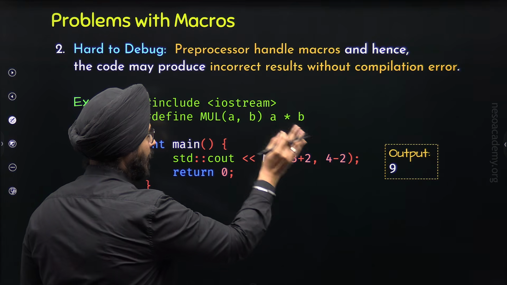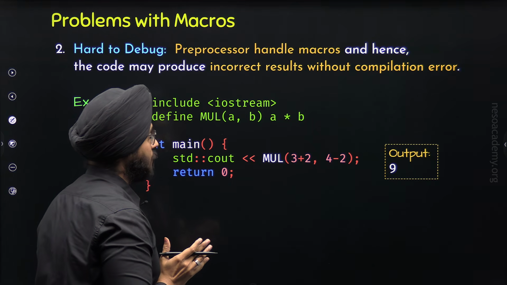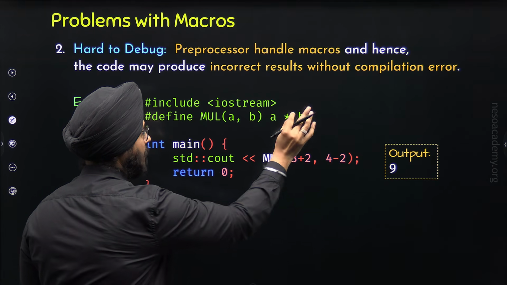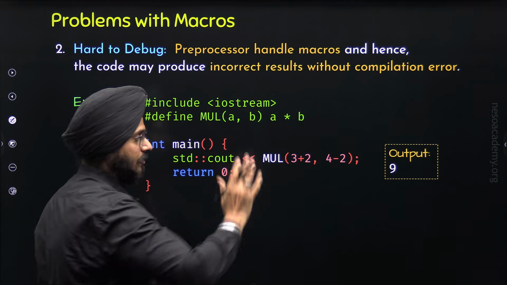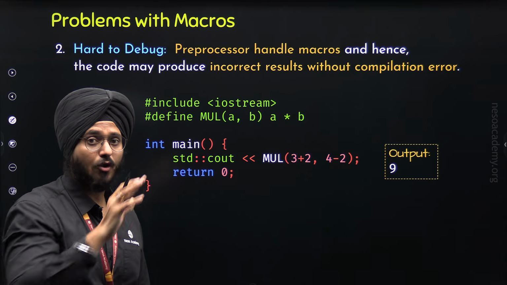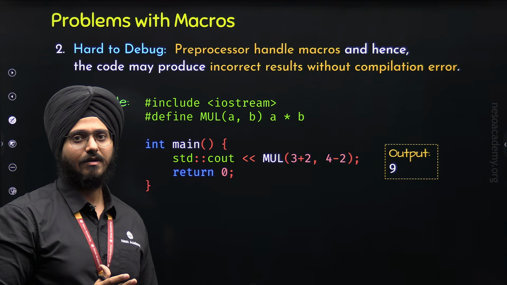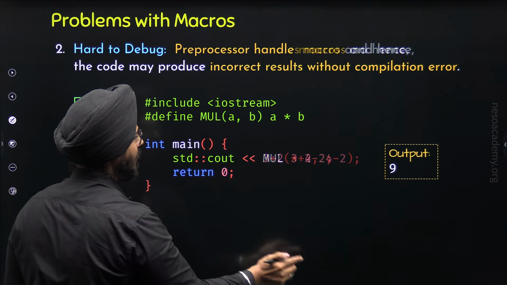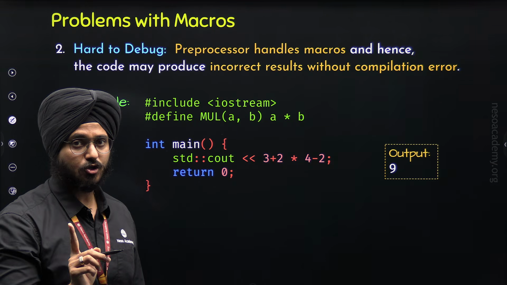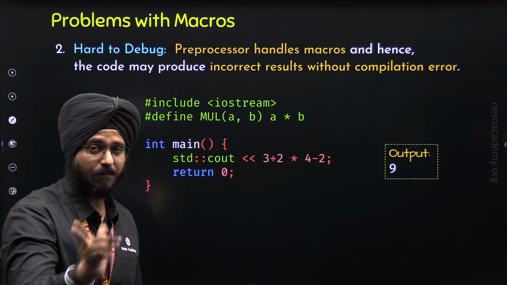This will be replaced by this code. So, in place of A, we will get 3 plus 2, and in place of B, we will get 4 minus 2. Preprocessor will only replace, it will not evaluate anything. So here we will get 3 plus 2 times 4 minus 2. No evaluation, only replacement by the preprocessor.